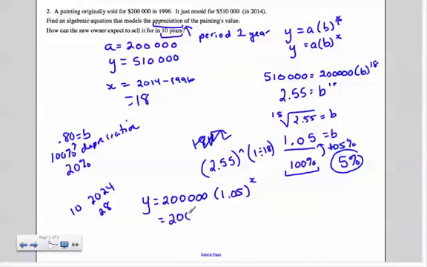So this is 200,000 times 1.05 to the 28, and I asked my calculator for that answer. So $784,025.83.